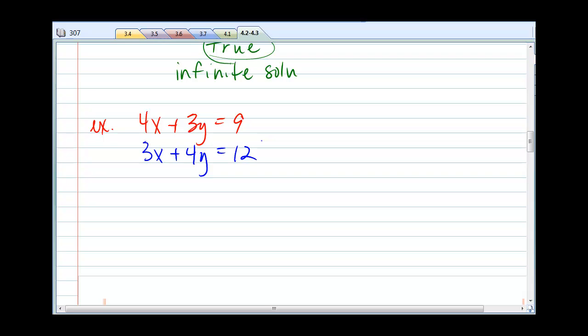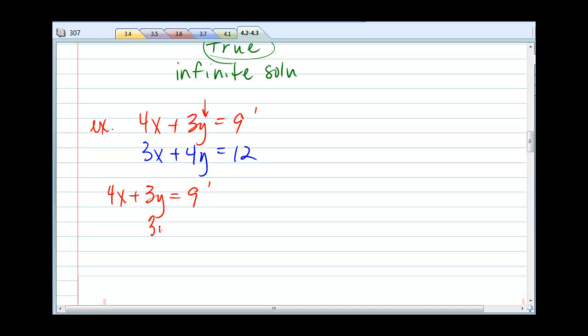It doesn't really matter whether I choose to solve for x or for y, so I'm just going to pick one. I'm going to choose to solve the red equation, 4x plus 3y equals 9. Let's call this equation 1. I'm going to solve equation 1 for y.